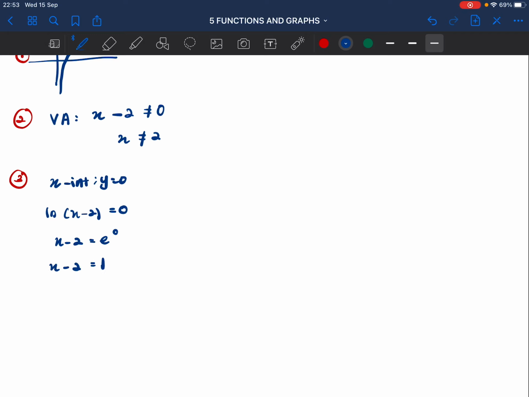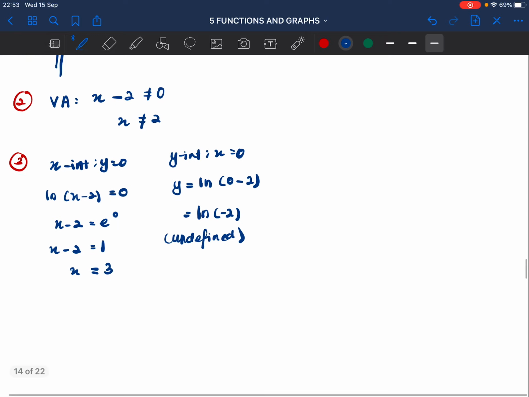So x minus 2, we are going to get x equals to 3. Okay, so for y-intercept, when x equals to 0, we will have y equals to ln(0 minus 2). Okay, so there you can see ln negative 2. Dalam ln boleh negatif tidak? Tidak. Okay, so kat sini undefined lah. So whenever the x-intercept or y-intercept yang kita kira undefined, maksudnya tak ada pun nilai dia. Okay, tak kena pun x or y-intercept.